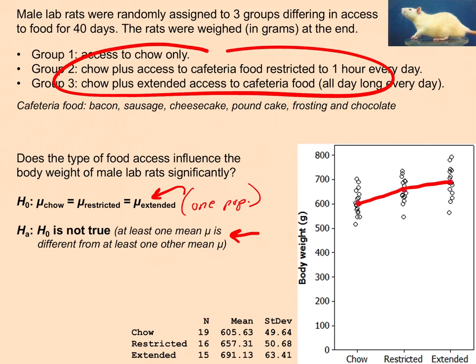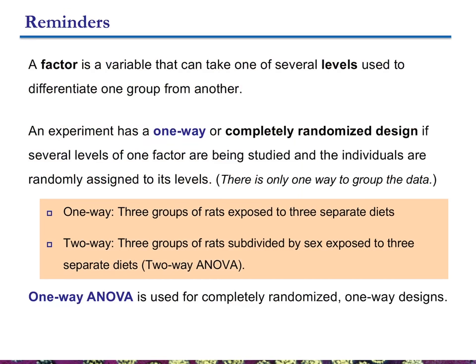All right. So, some reminders here. A factor is a variable that can take one of several levels that we use to differentiate one group from another. In our rat weight gain study, we had one factor, and that was diet, and we had several different treatment levels: chow, restricted, and extended.